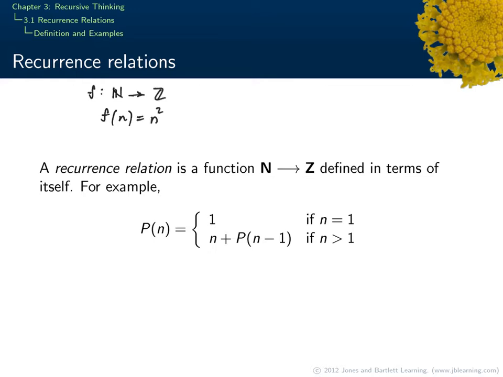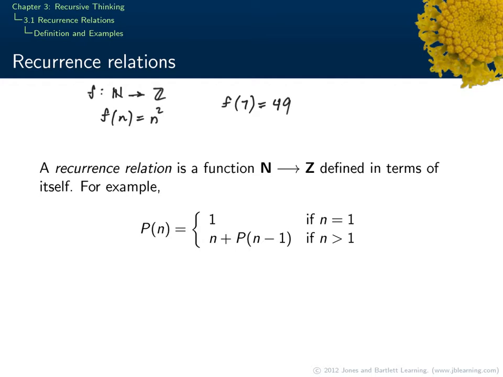So this rule tells us immediately how to compute an output for any given input. Like, for instance, if the input is 7, then I know immediately, because of this formula, f of n equals n squared, that the output is 49.